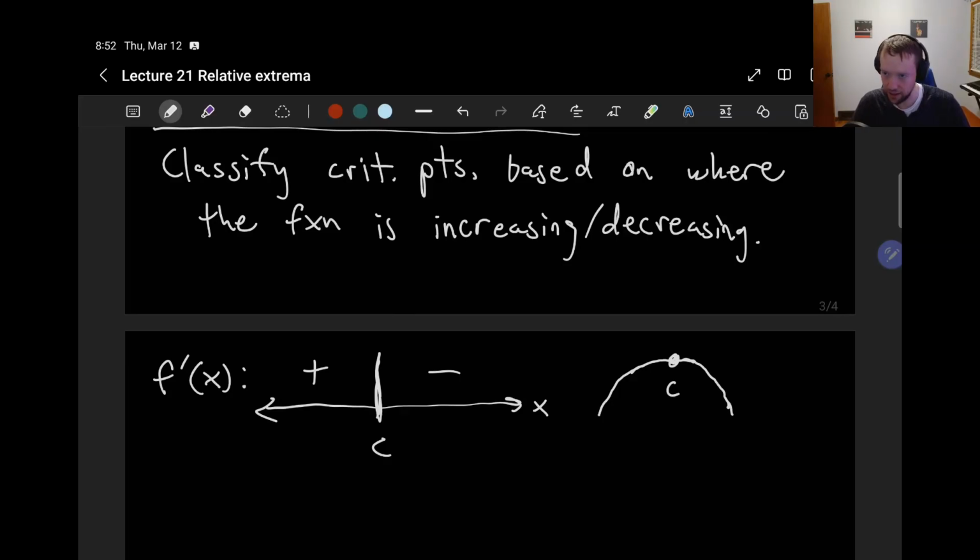So this is when x is C. So we're increasing, then decreasing. Well, when you draw it out like this, you can tell that this is a local maximum, just by looking at it. So local maximums occur when you have a critical point and you're increasing on the left side, decreasing on the right side, as we see in the picture here.